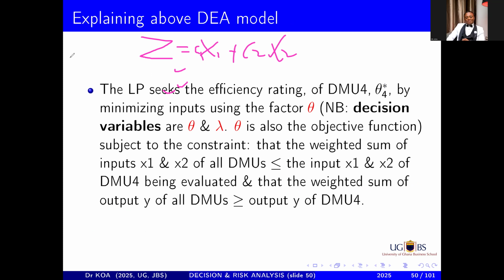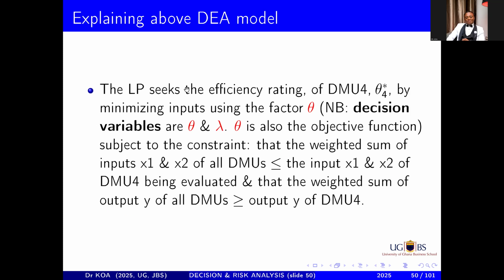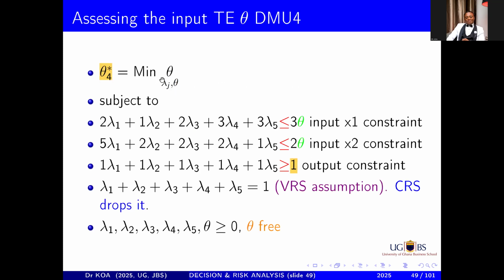The linear programming you see above there, and this is my goal of today actually, is the efficiency method. And this efficiency score, which is theta 4 star, is sought by minimizing the inputs. I told you graphically, you are minimizing the input.